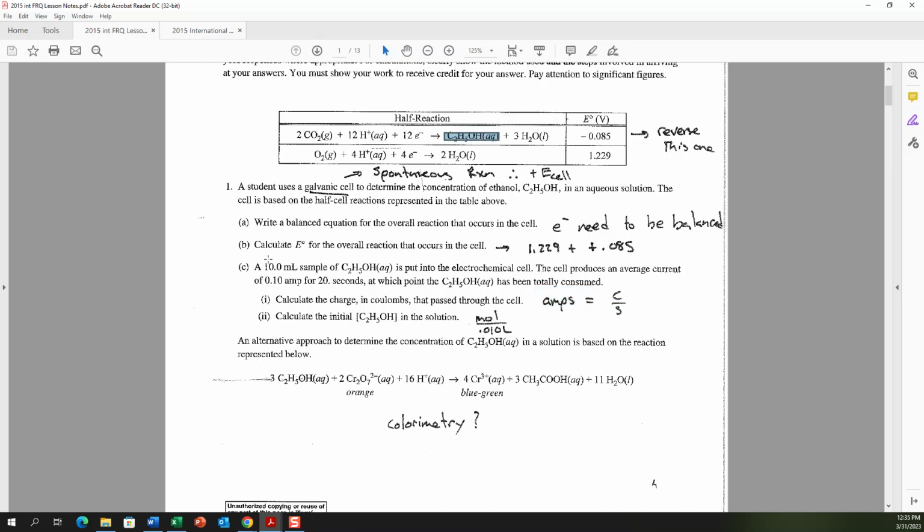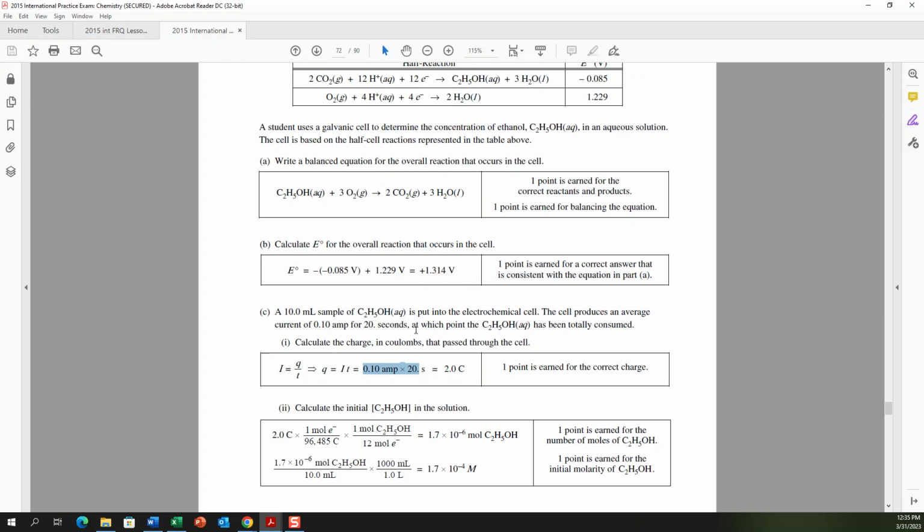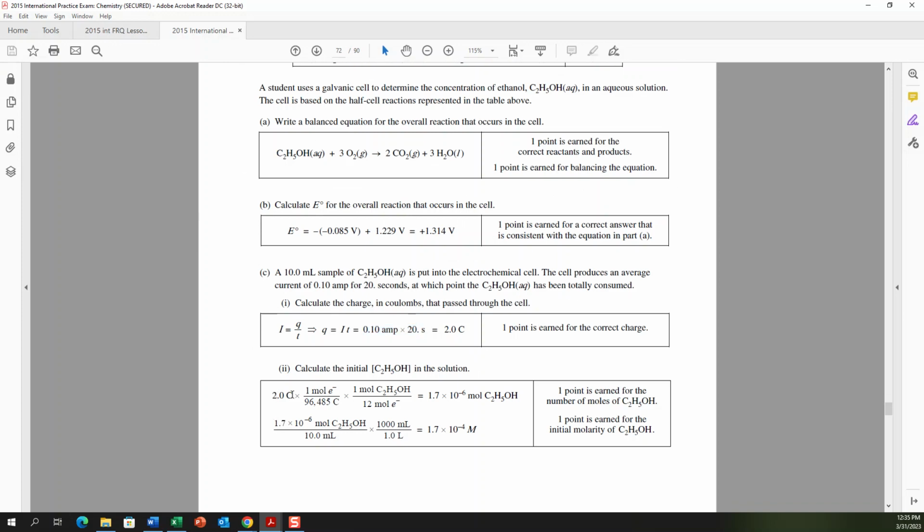And then if we divide it by the original volume of the solution, that'll give us our molarity. Okay, so we would take our 2 coulombs, divide by Faraday's constant, that'll give us moles of electrons. The mole ratio of the ethanol to moles of electrons was 1 to 12 in this case, so that gives us how many moles we had, and we divide it by 0.01 liters, and that gives us our molarity.